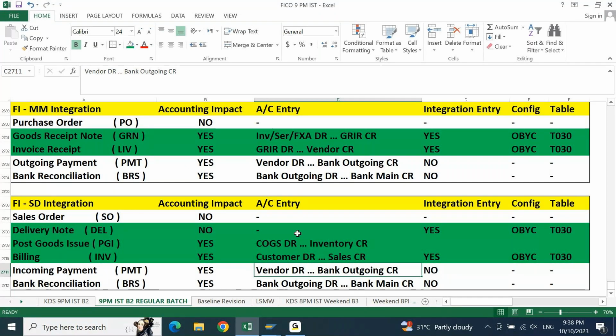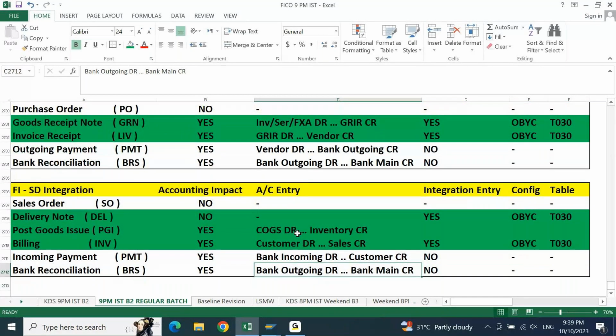During the incoming payment, bank incoming account will be debited and customer account will be credited.